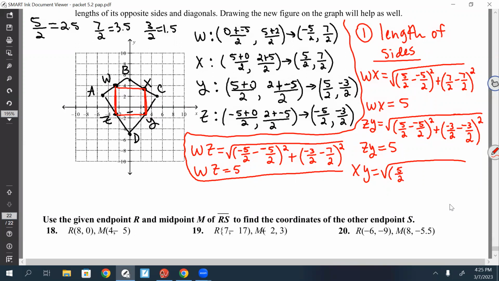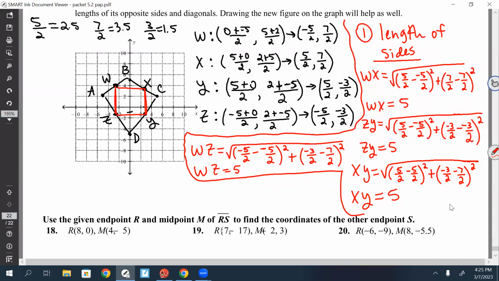Since I labeled it XY, I'm starting with the coordinates from point Y. So my X there is 5/2 minus 5/2 squared plus, and then now I do the Y coordinates. So -3/2 minus 7/2, and that gets squared as well. And so you find the length of XY, and XY is going to also be 5.